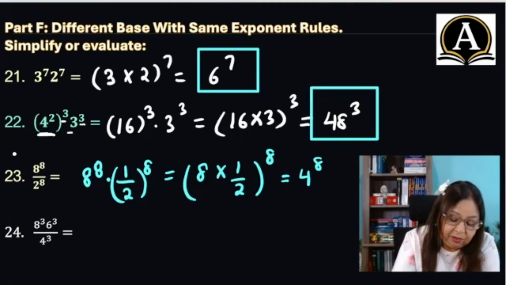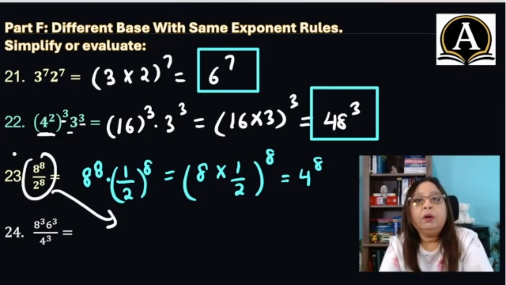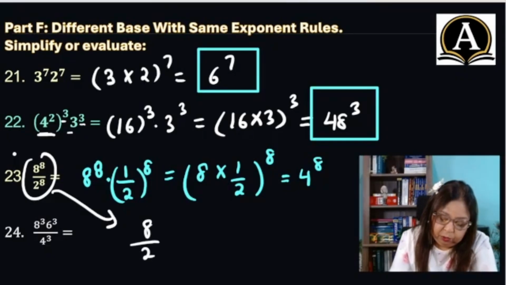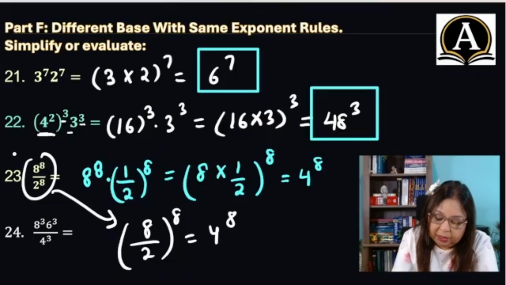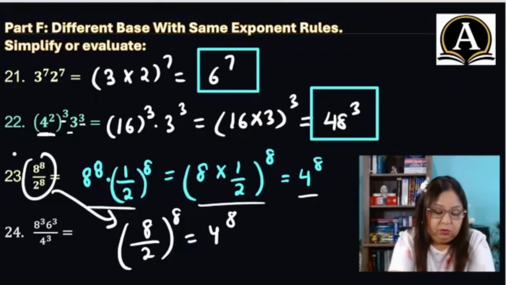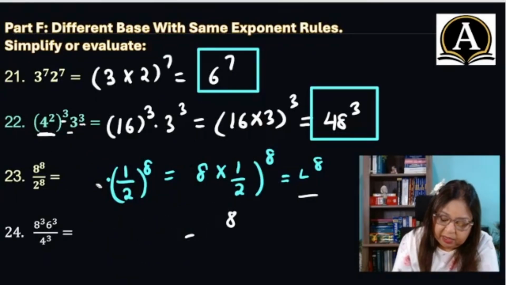We could have done this very simply from here, realizing that the power of the numerator and the denominator is the same. It is 8 over 2, to the power 8, which is 4 to the power 8. But here I showed you explicitly how it works out. So the answer for number 23 is 4 to the power 8.